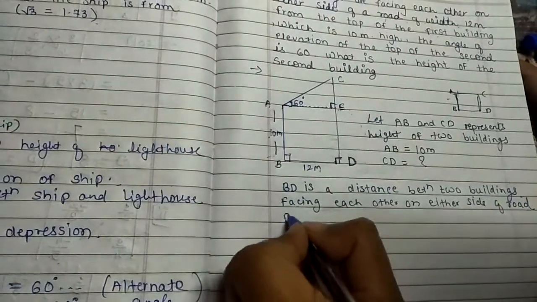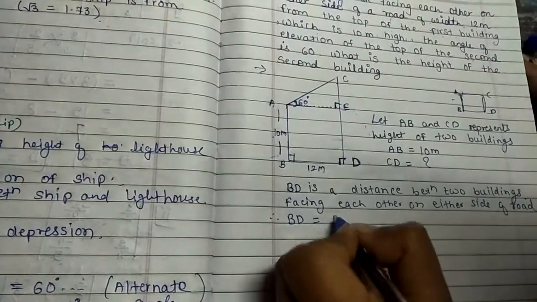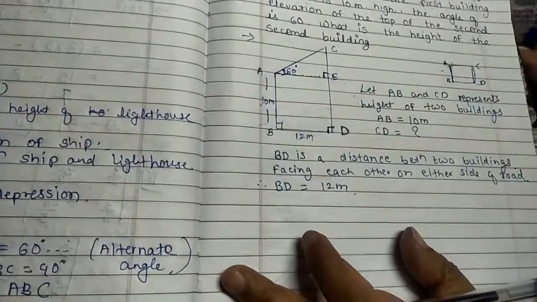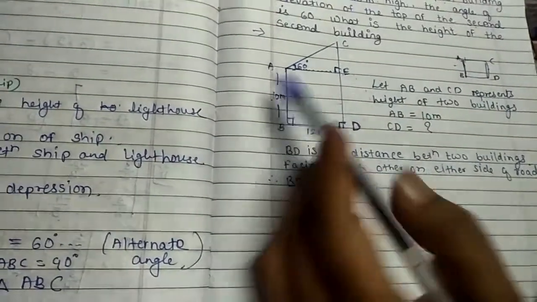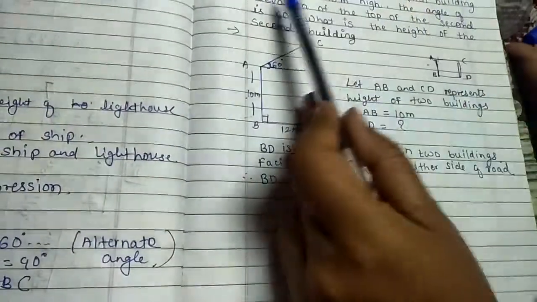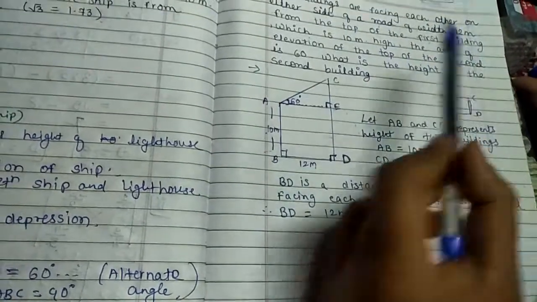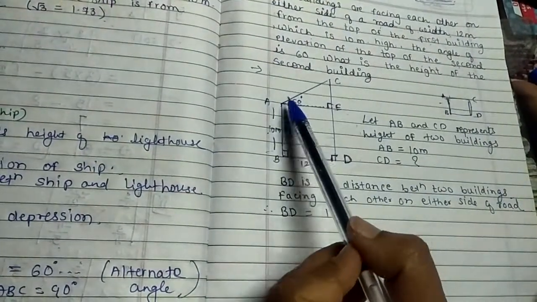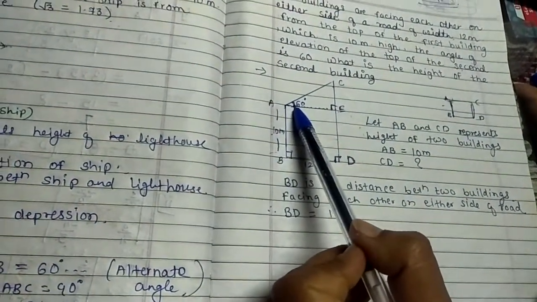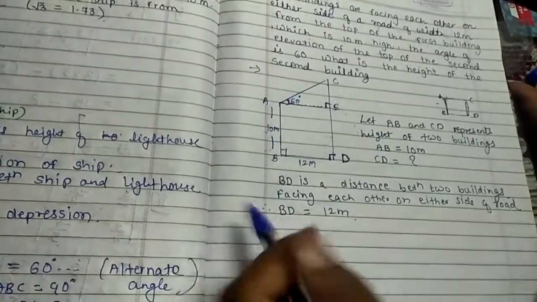So the width BD is equal to 12 meter. After that, from the first building which is 10 meter high, the angle of elevation, from this point, is 60 degree.